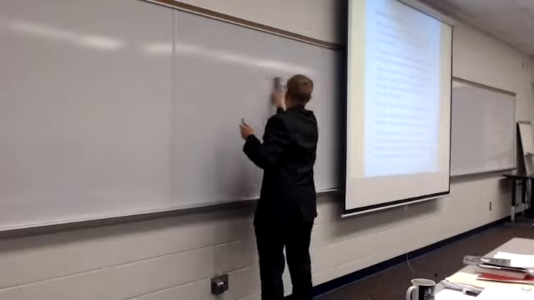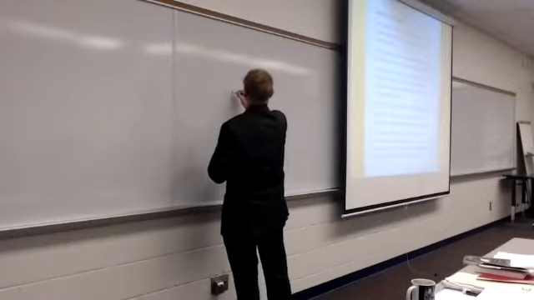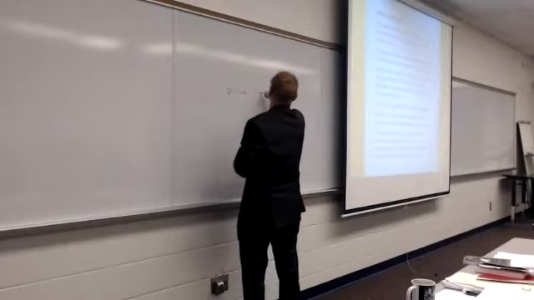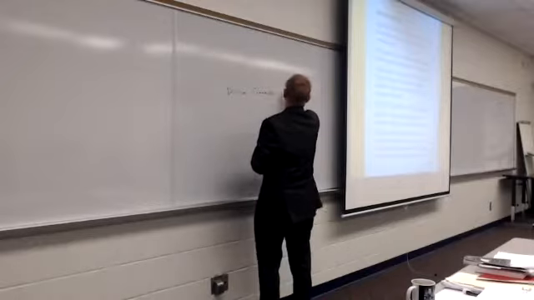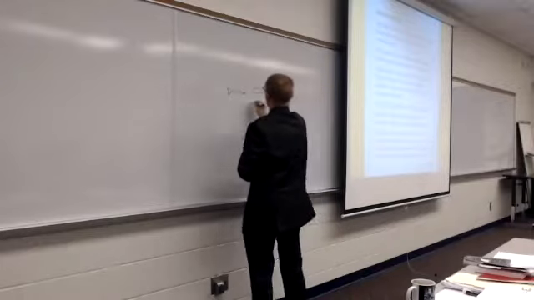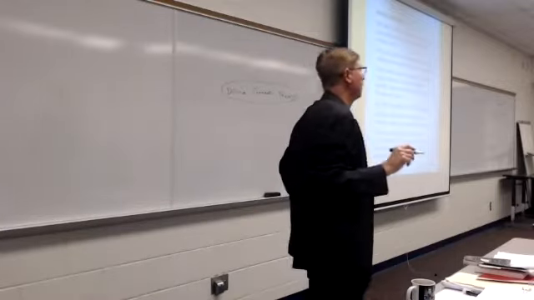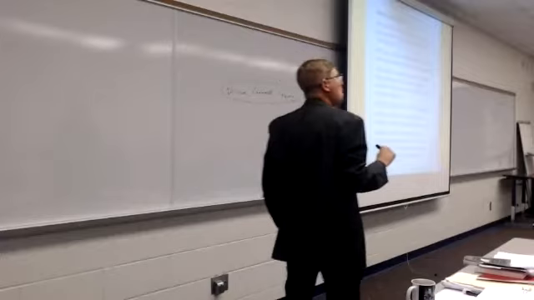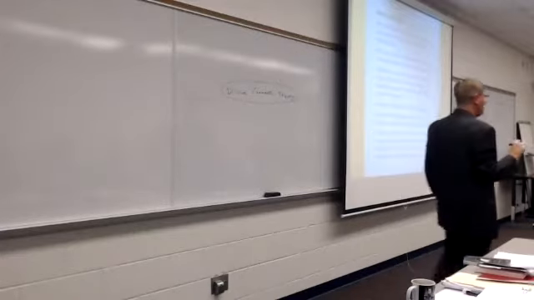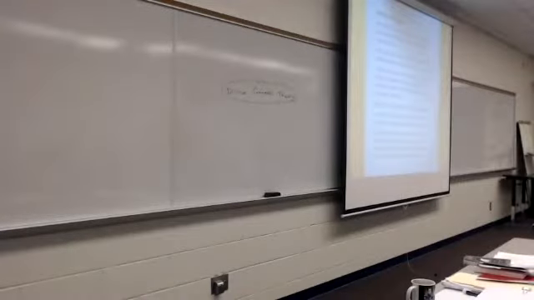Now, the author has a discussion of divine command theory in the text. Most philosophers do not approve of divine command theory for the very same reason that Plato didn't approve of it.